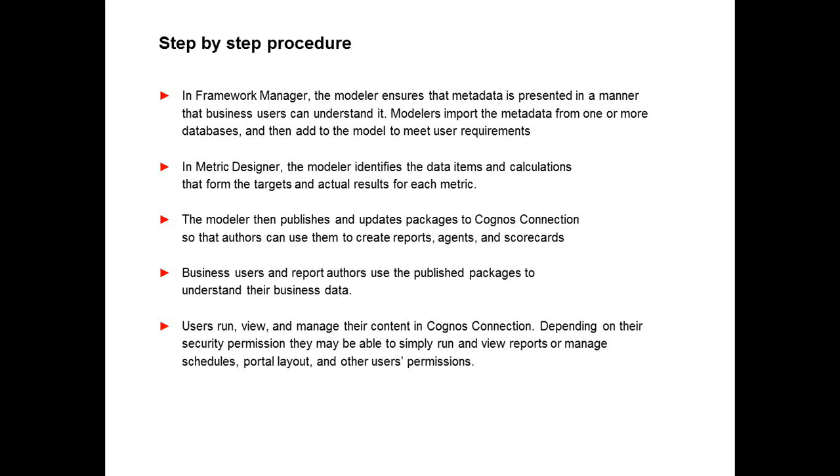They may be able to simply run and view reports, or manage schedules, portal layout, and other users' permissions. So this is the flow from database to final reports: Database, Framework Manager, Cognos connection, and then all our studios. From there we can access.